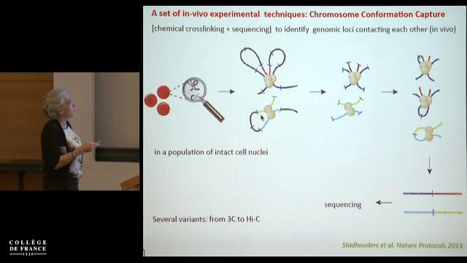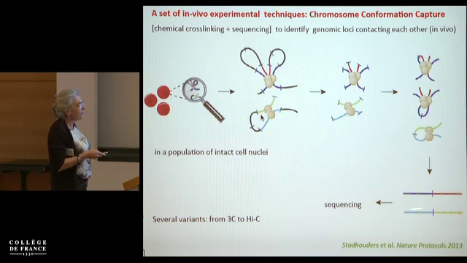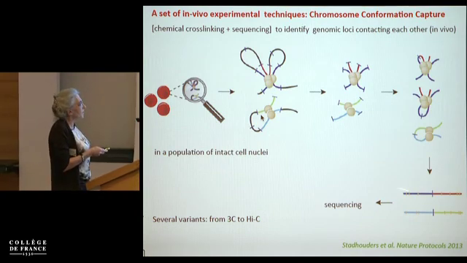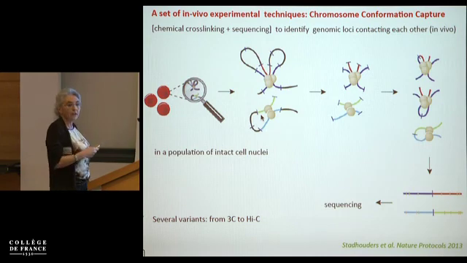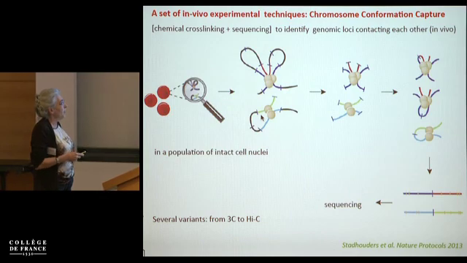Then additional steps of digestion, ligation, inverse cross-linking, and then sequencing allow us to identify, by matching to the genome sequence, which genomic sites are in contact in a living cell, in the nucleus of a living cell.